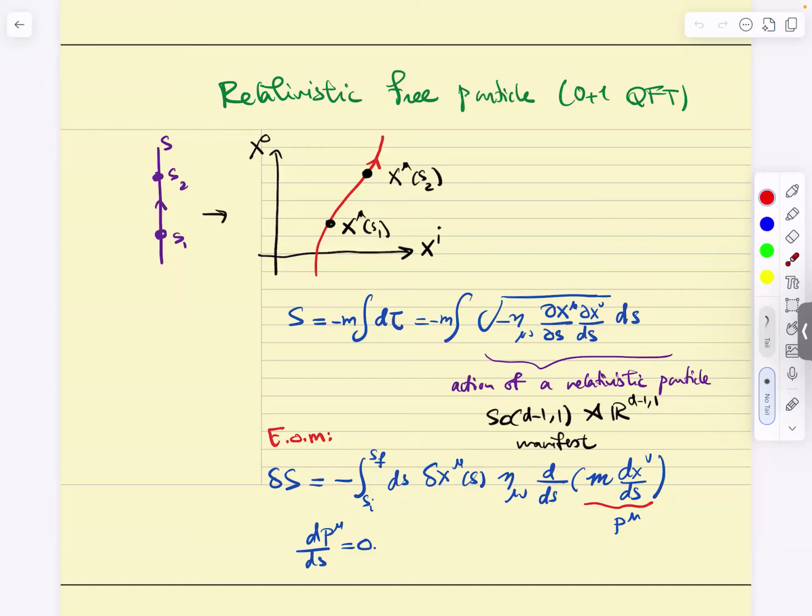Look at that action. What was the action that was describing a non-relativistic particle? The action was the integral of ∂x^i squared. Let me write it this way so that it's pretty clear. How are these two things different?